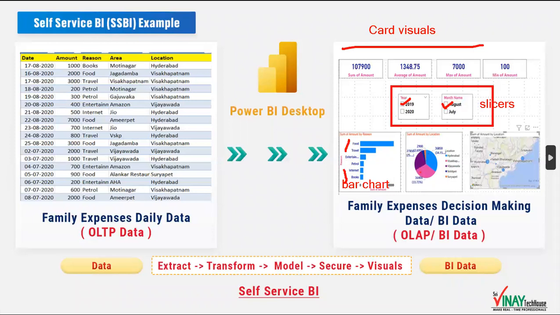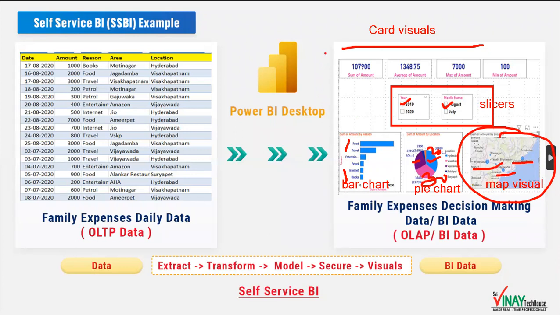And this is a pie chart, clearly telling in this location 20%, in this location 30%, in this location the remaining. And it is also showing Visakhapatnam, Vijayawada, Hyderabad traveled. This is called a map visual. So I need a report like this from this.